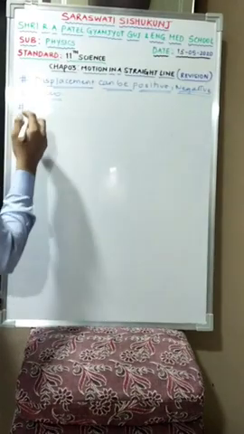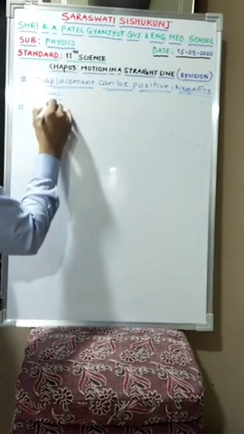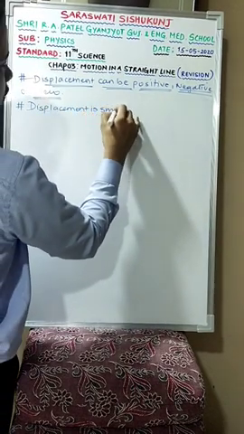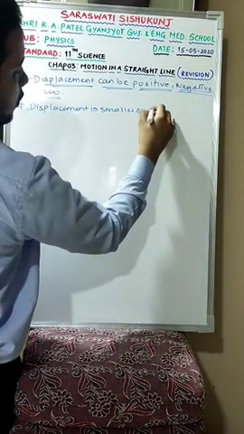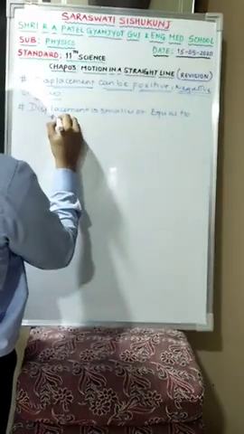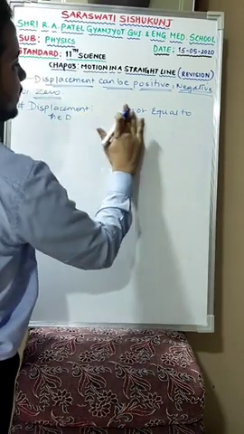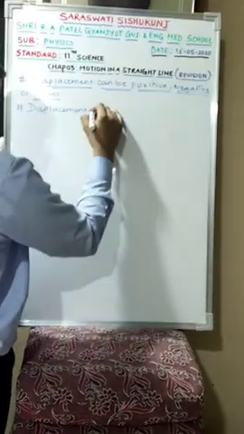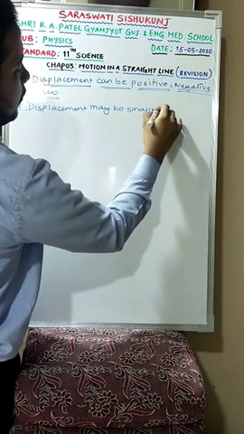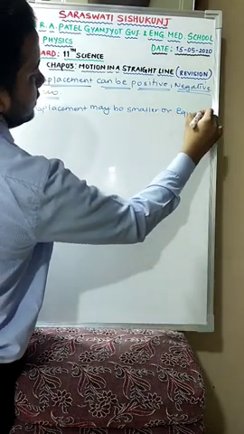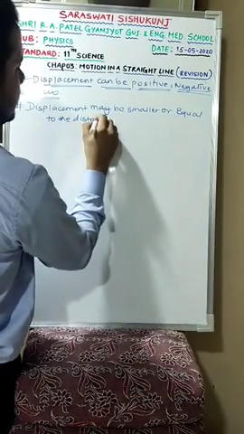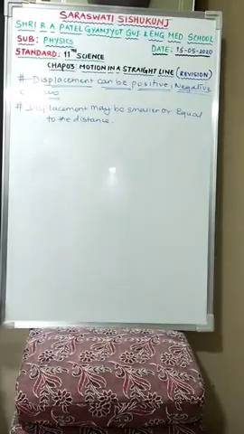One more point you have to remember: displacement may be smaller than or equal to the distance covered. Now we have to take an example and prove this. We have to show that.